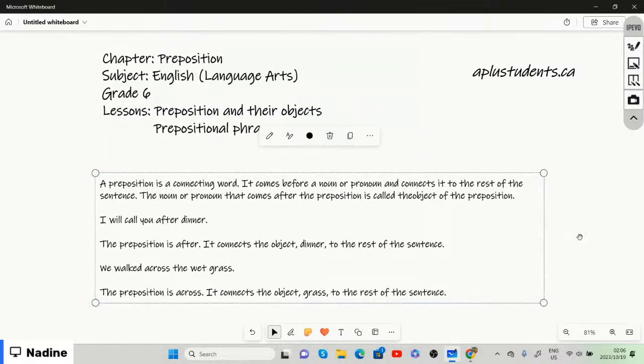All right, so in our previous lesson, we had to identify prepositions. And we said a preposition is a connecting word.